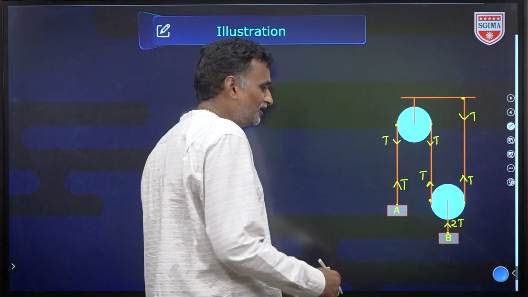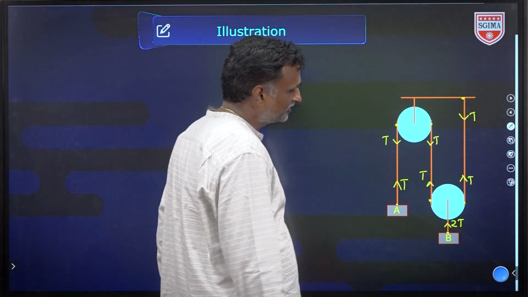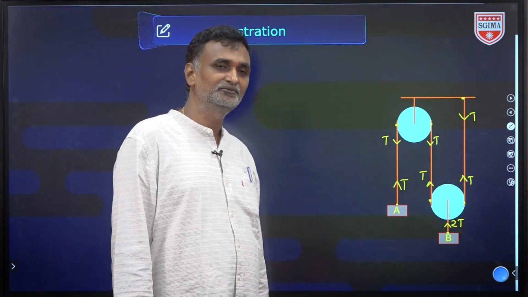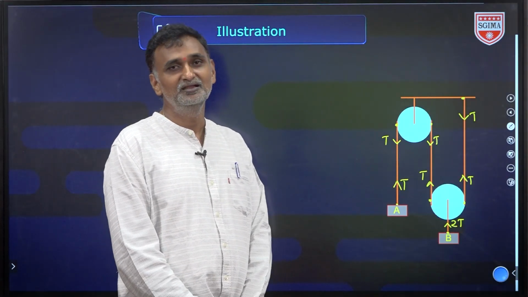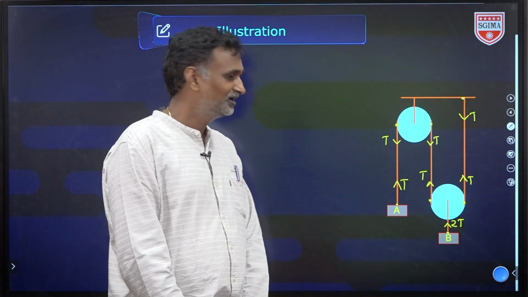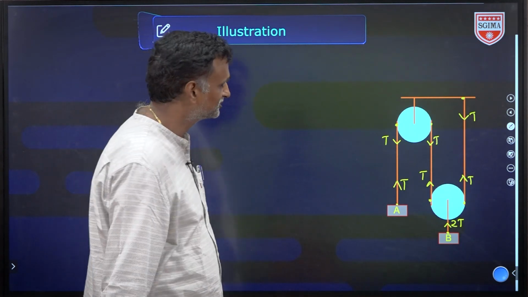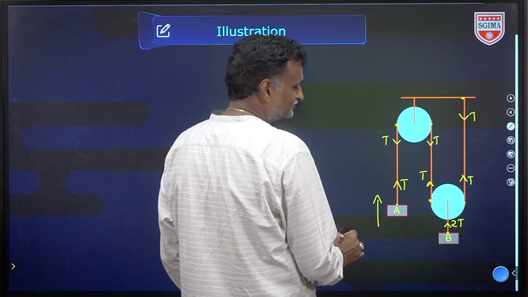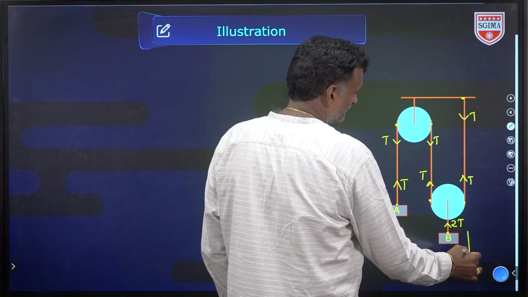Then after that we can develop the relation. Masses are not given, so we just need to make a relation between the parameters of A and B, like displacement, velocity, acceleration. Suppose I take A moving upward, then B will move downward.